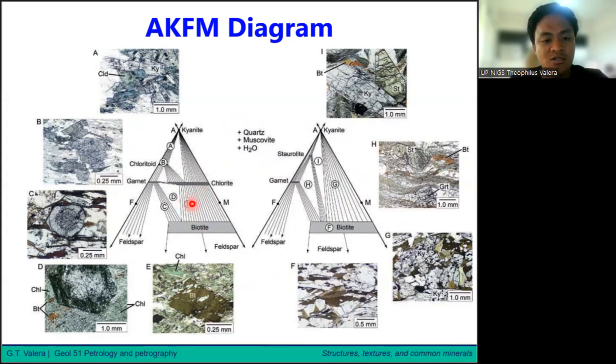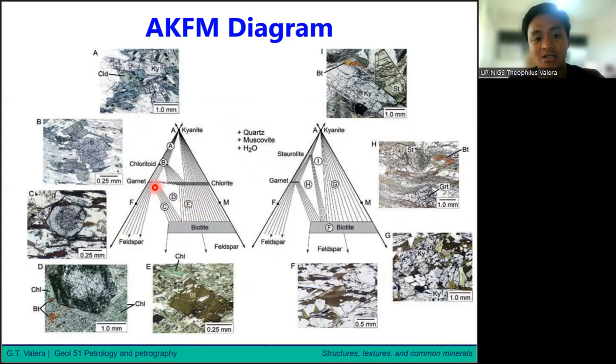So, initially, as you can see here, yung E natin contains only chlorite and biotite together with quartz, muscovite, and water. With increasing metamorphic grade, mag-shift yung chlorite natin to the right, and eventually, yung tie line na yun mawawala na siya dito sa E. What that indicates is that yung new assemblage natin will be garnet, chlorite, and biotite. If you notice, this is actually the shift sa Barrovian series from biotite zone to the introduction of garnet.